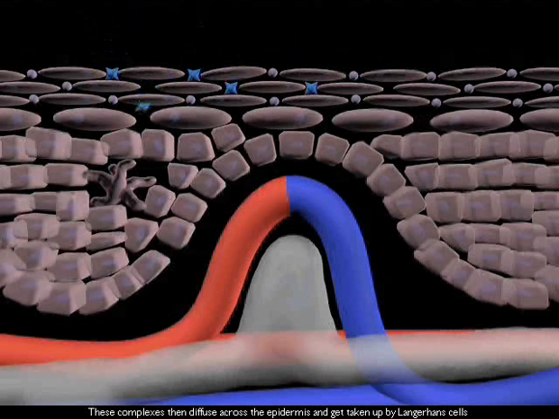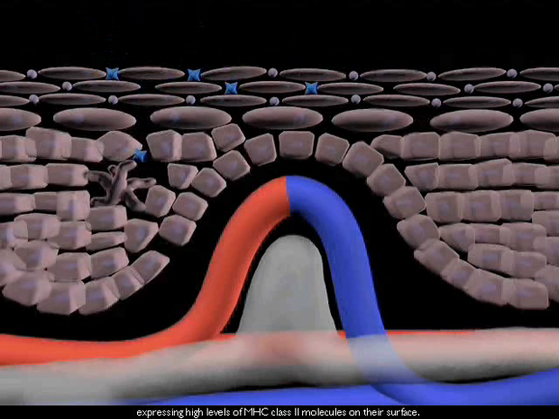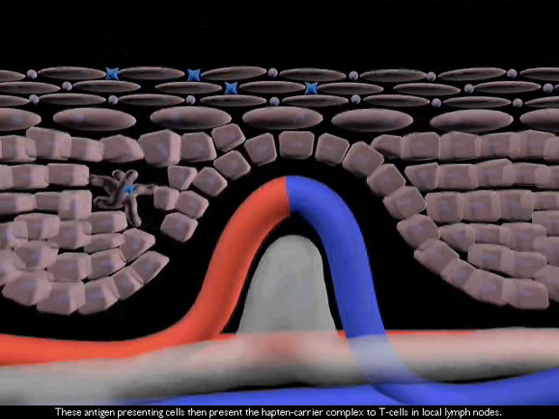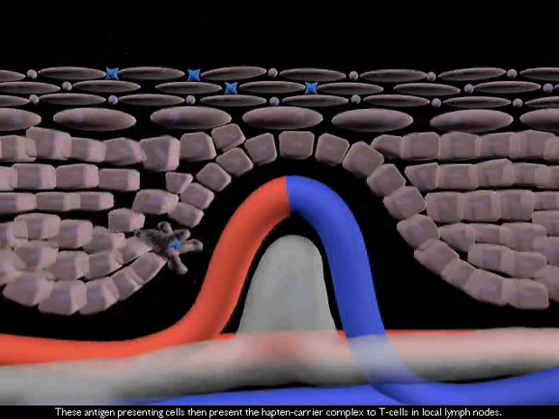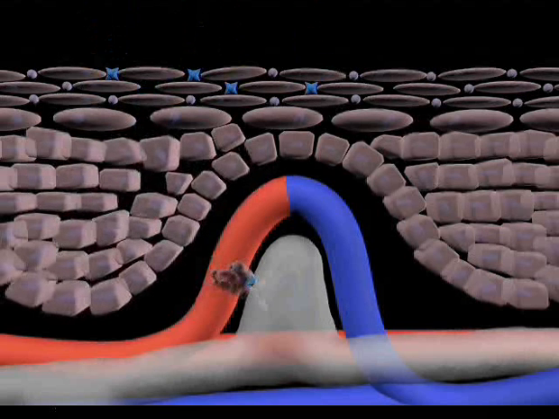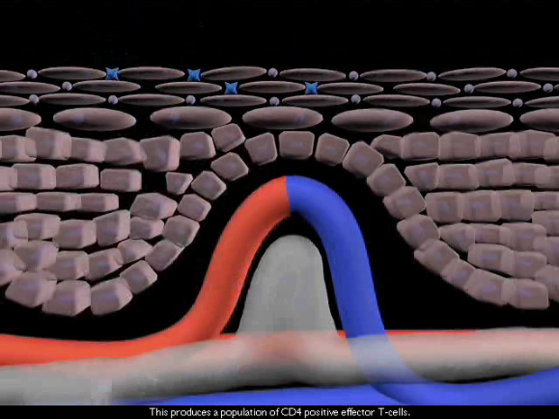These complexes then diffuse across the epidermis and get taken up by Langerhans cells expressing high levels of MHC class II molecules on their surface. These antigen-presenting cells then present the hapten carrier complex to T cells in local lymph nodes. This produces a population of CD4 positive effector T cells.